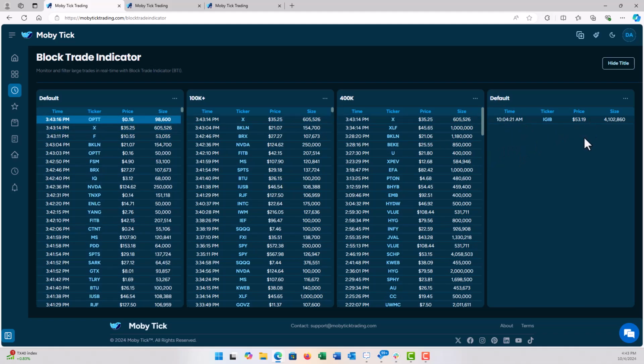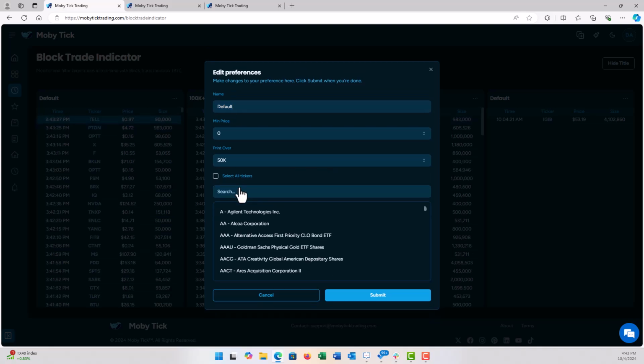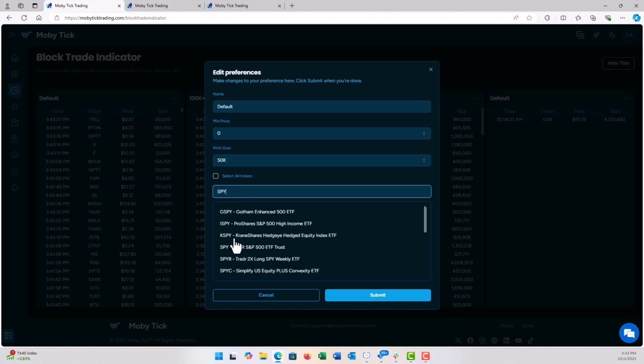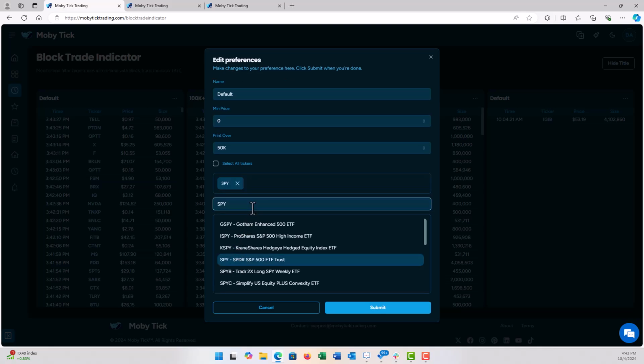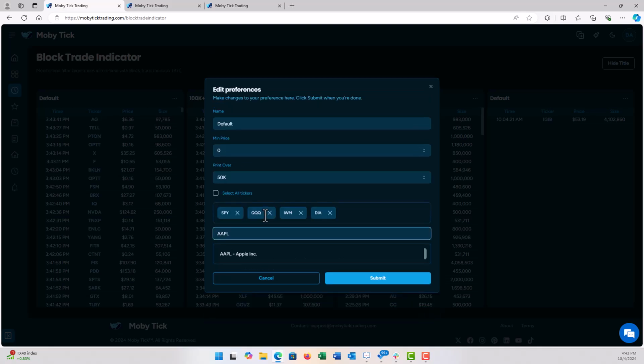I haven't given it a name yet, but for the purposes of this, if there was anything that you were watching, you could actually add it here. So I unselected all tickers. And if I want to put in something, for example, just the SPY, and then maybe the Qs, and then we'll do IWM, and then we'll do the DIA, and then everybody usually trades these, things like Apple.